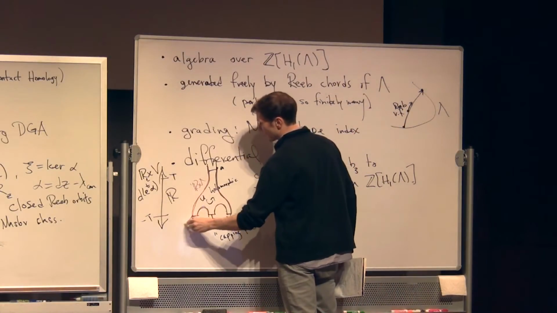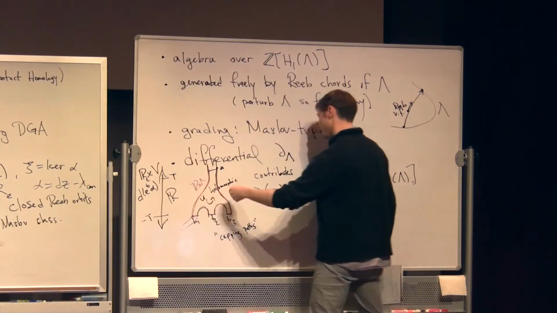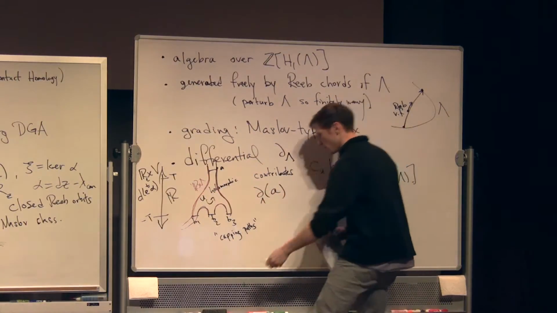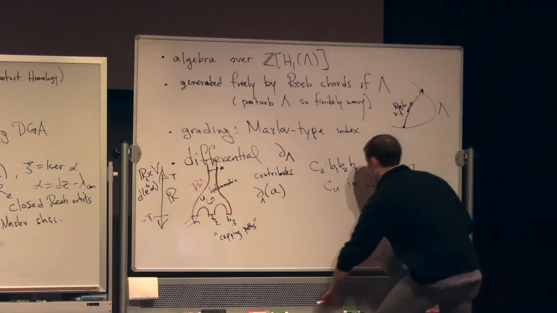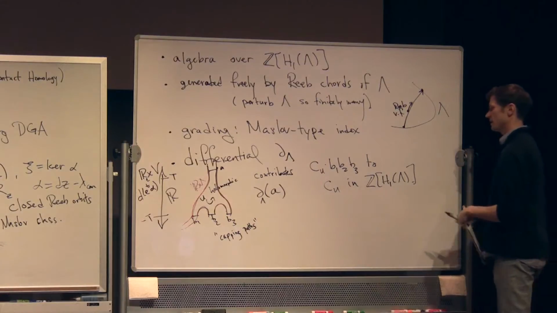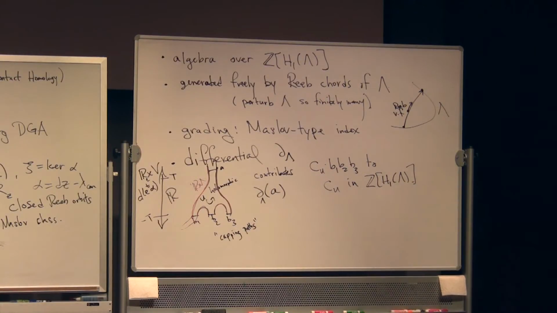And then there's some capping paths inside of lambda which complete this to give me some one cycle inside of there, and that's how I get this element inside of the group ring. Okay. So I wanted to do that to maybe save Pan some trouble.